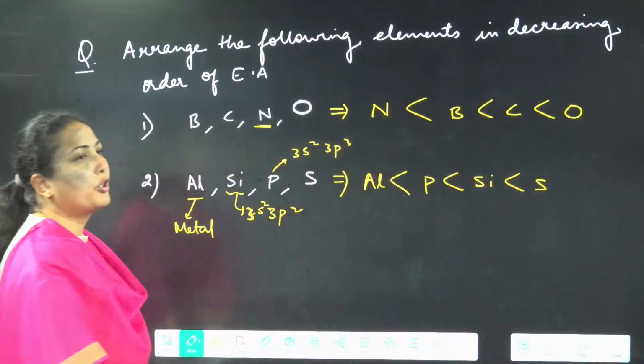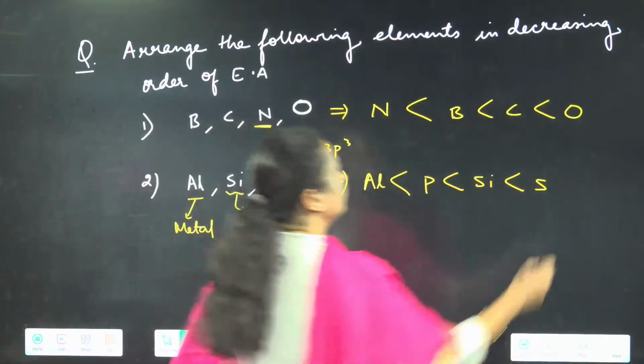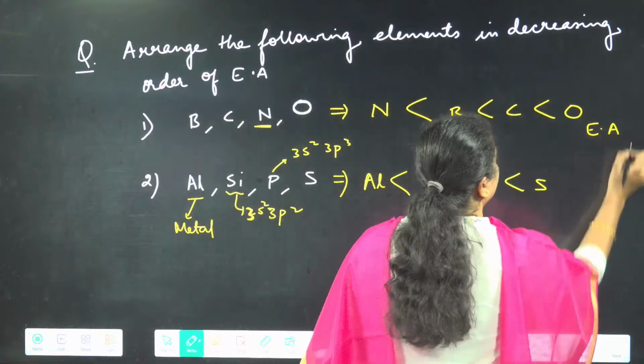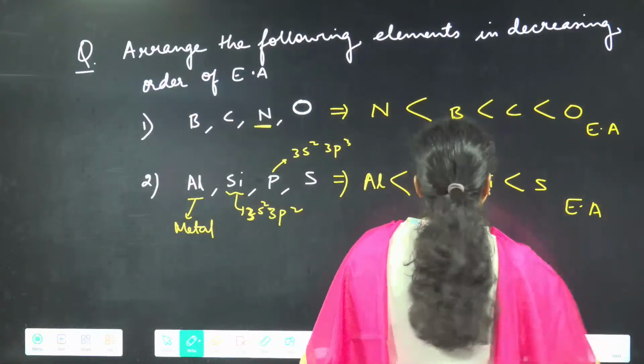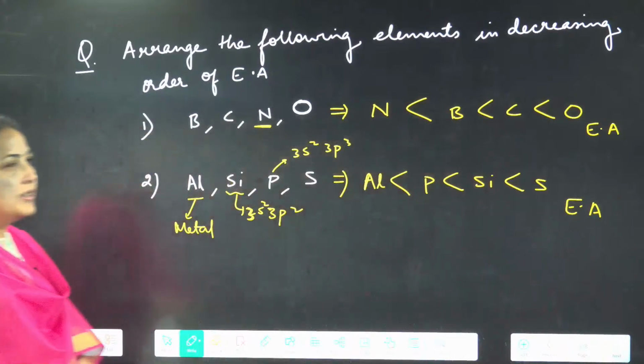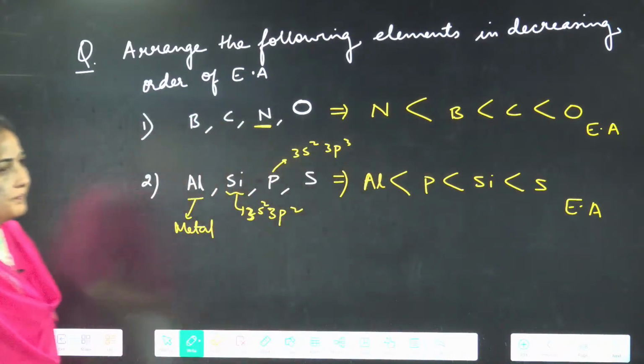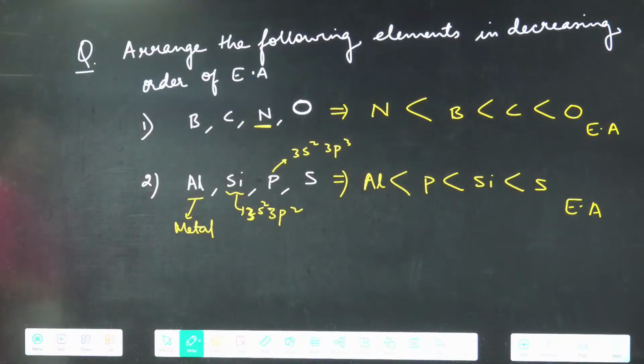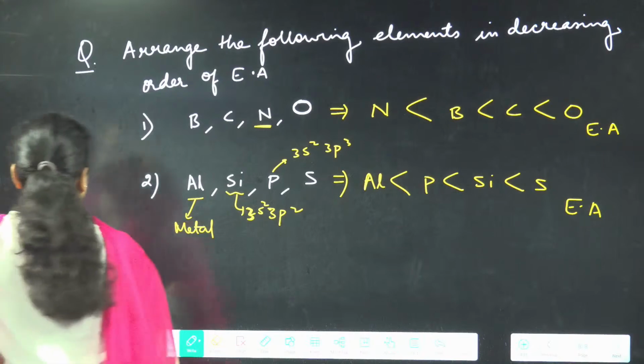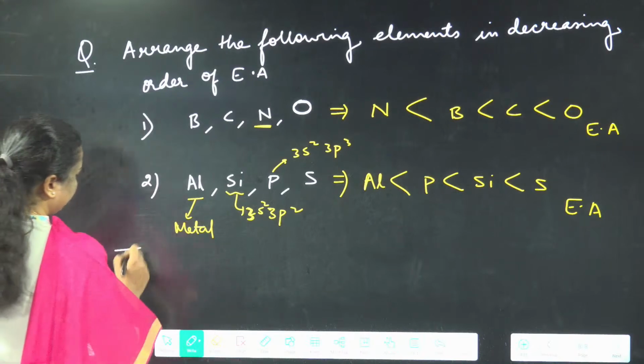That should be the order for electron affinity. In fact, here I have written the increasing order, or else you can start from the other end and it will be the decreasing order. Hopefully it is clear.